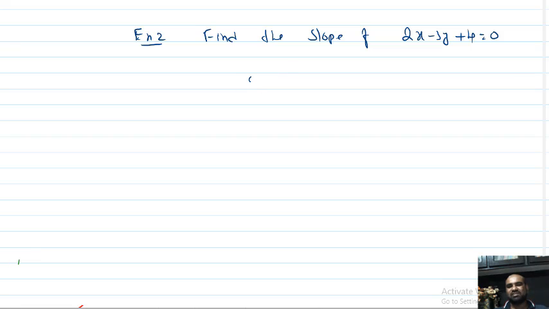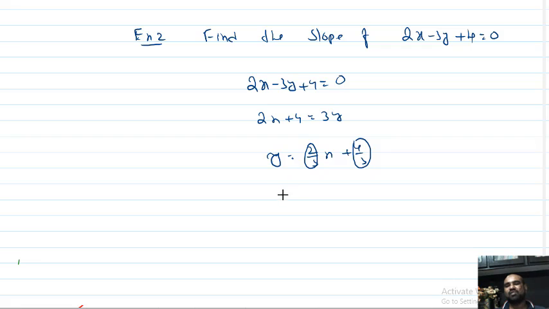So, 2x minus 3y plus 4 equal to 0, or 2x plus 4 equal to 3y. Divide through by 3. Y equal to 2 by 3 x plus 4 by 3. Now, this is in the form y equal to mx plus c, no? What is the slope? Therefore, the slope of 2x minus 3y plus 4 equal to 0 is 2 by 3. Understood?